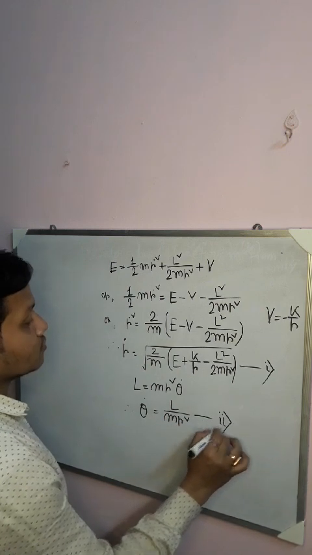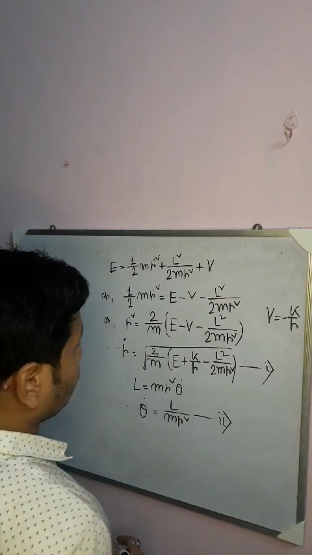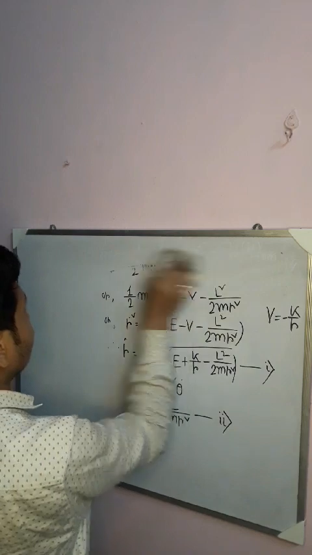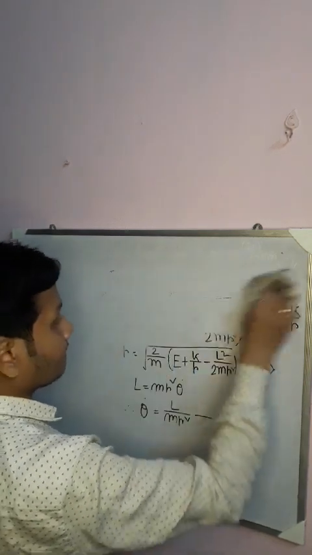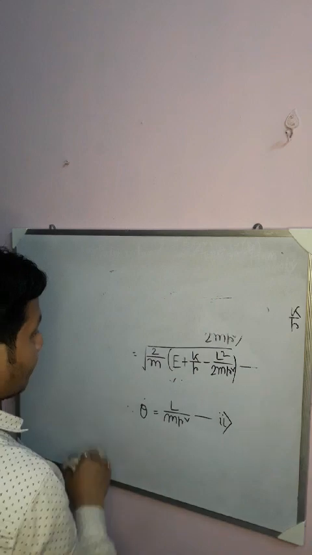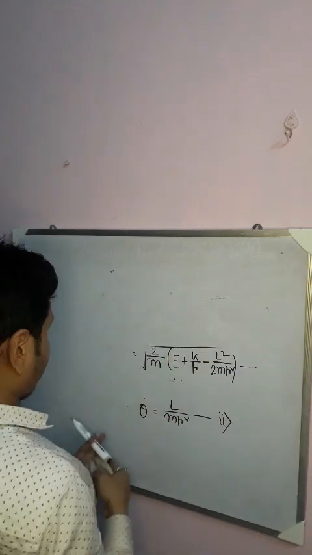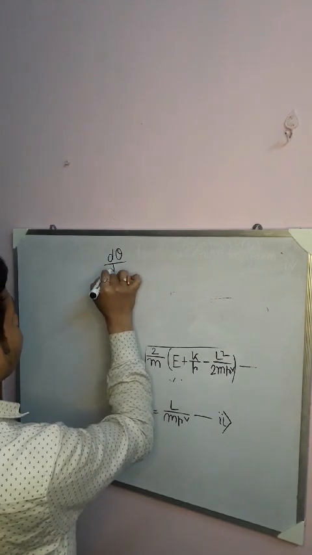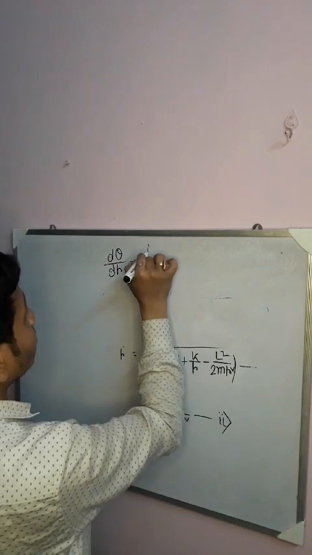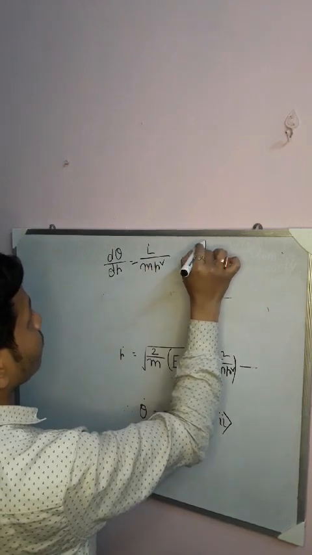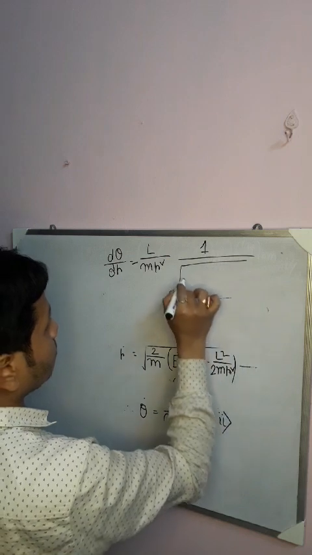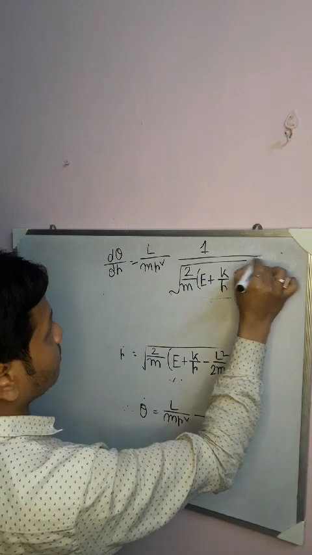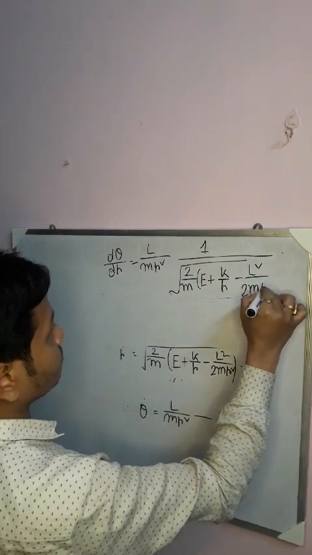Now if we divide these two equations, then we get d theta by dr. This is simply L by m r square times 1 by root over 2 by m into E plus k by r minus L square by 2mr square, right?